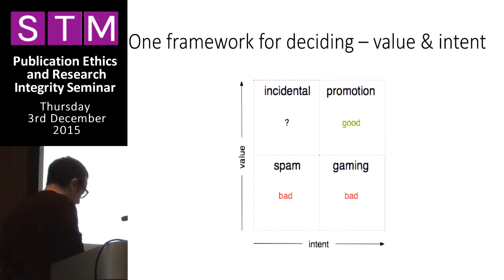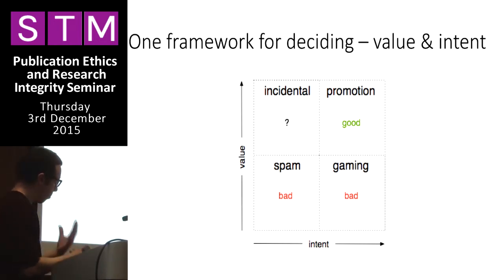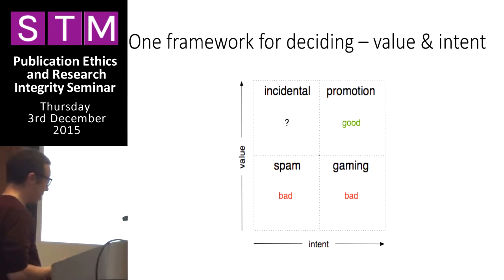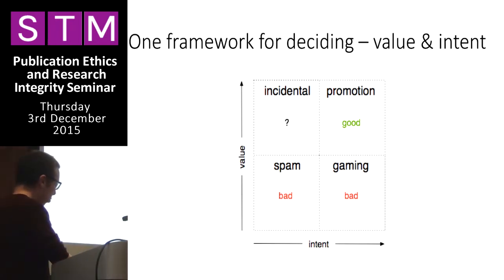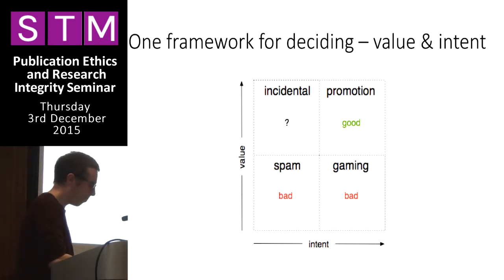So in terms of what we took from that, or the framework for how we might interpret it, and this is what I'm interested again in hearing from you about, is this. We thought the two things we could look at would be intent and value. It's such a thin line, right, between being able to promote your work.